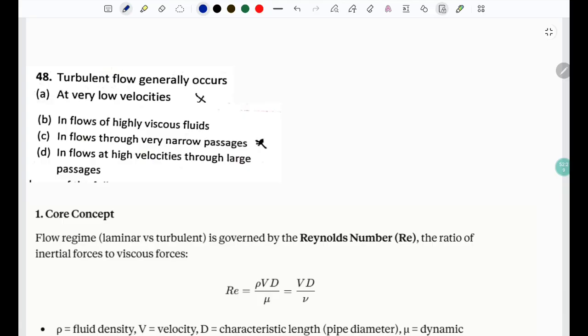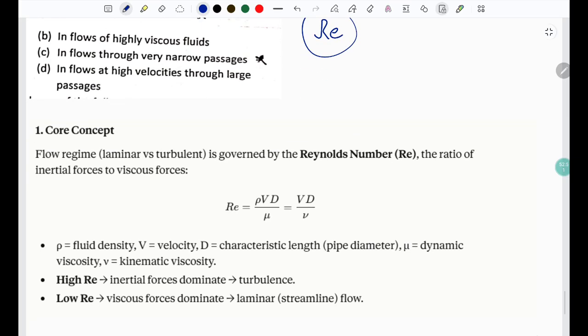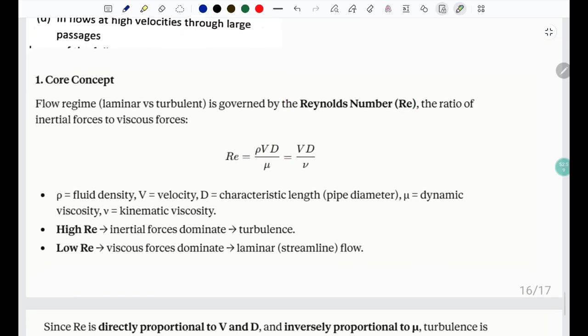Here is another question in which I fell in the trap that the flow through a very narrow passage would be turbulent flow. But the concept is not about whether the cross section is less or high. Well, it is actually, but the core thing is how the Reynolds number is involved. So the concept is that whether the flow remains laminar or turbulent is governed by the Reynolds number, which is rho V d by mu.